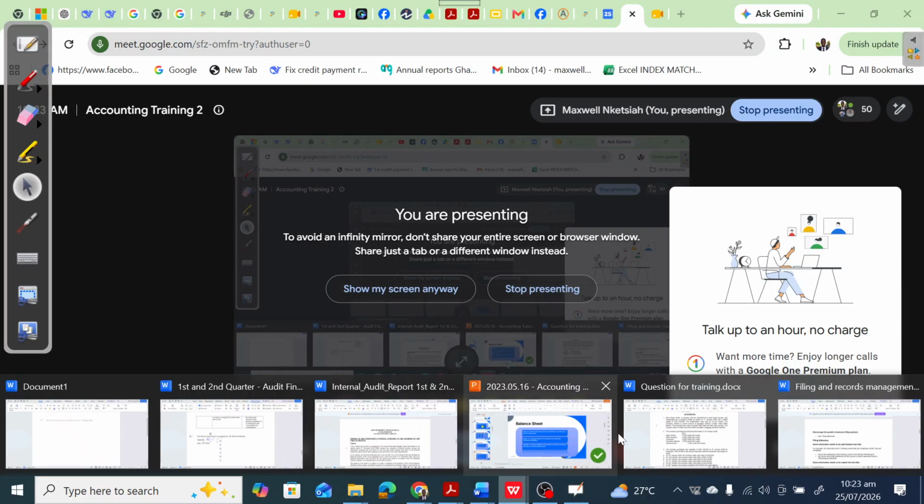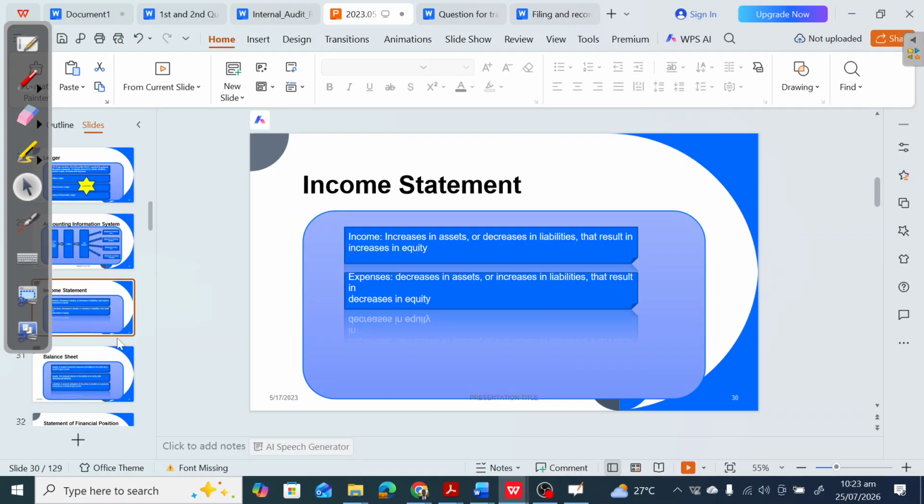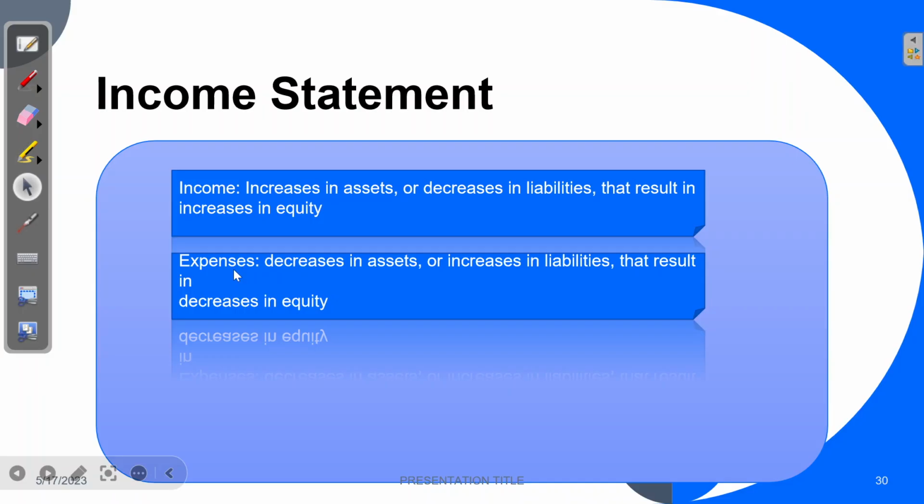So first of all, your liability has reduced, which is good. Also, it has eventually increased your income. Then, at the end of the day, it will increase your equity. Equity is your profit.